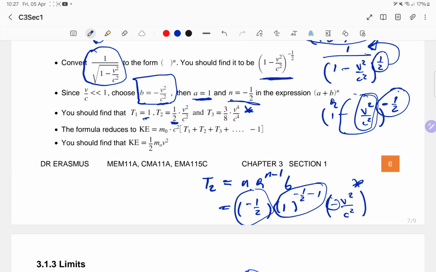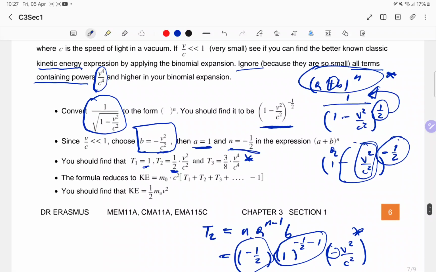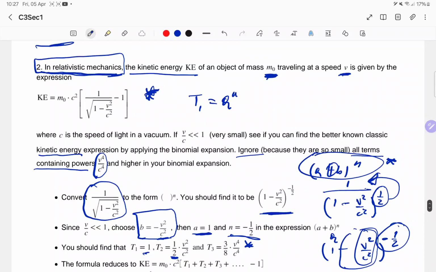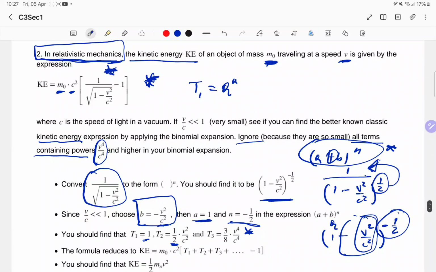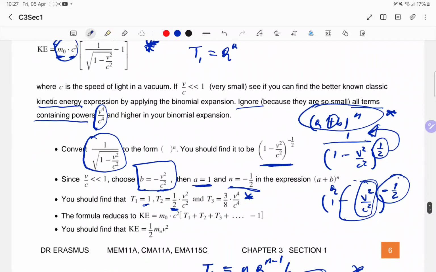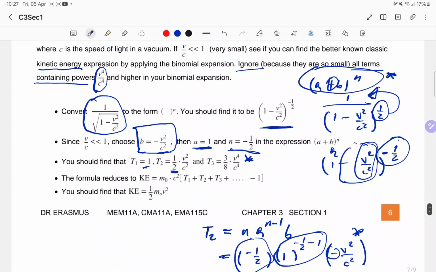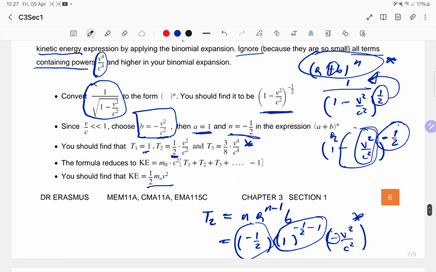Remember the formula for kinetic energy, m naught c squared, and we take our estimation and multiply it by this. If we do that, we're going to have half m naught v squared.